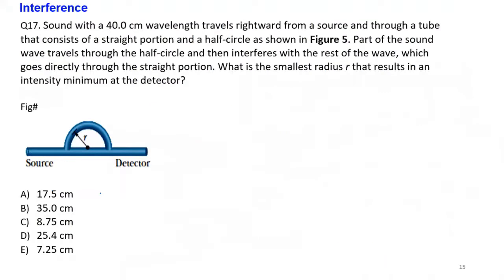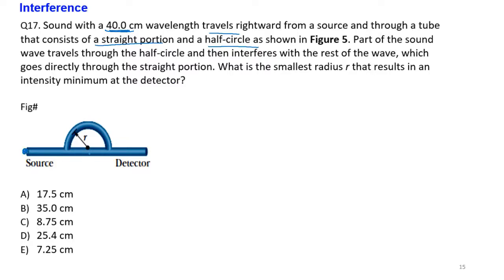Now let's talk about interferences. So what do we have here? We have a sound with a wavelength of 40 centimeters. It travels to the right from a source through a tube that consists of a straight portion and a half circle as shown. So here we have my source.